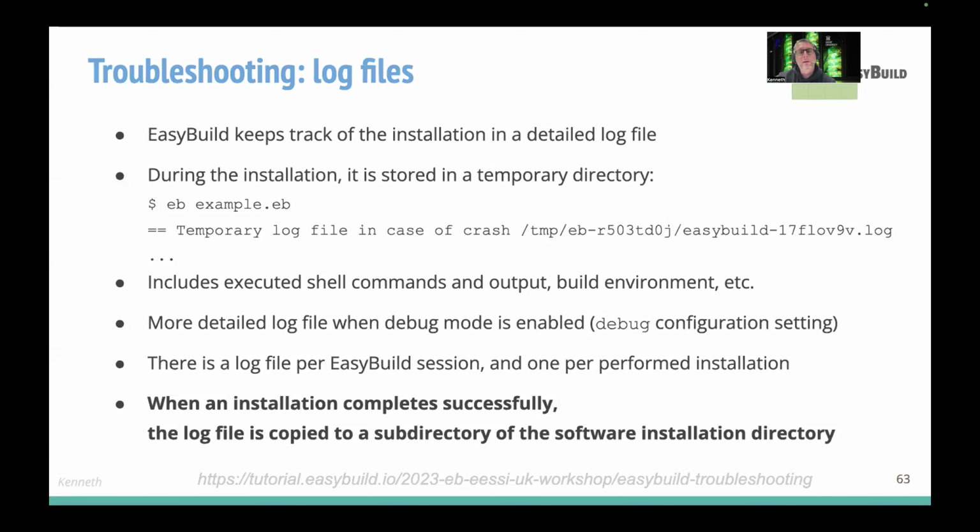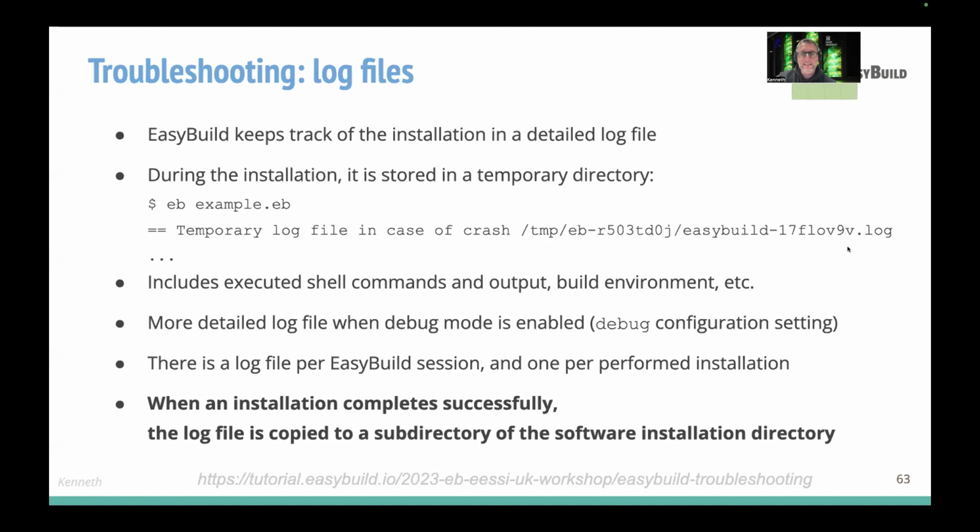So that will have often very detailed information about what was being done, in which location a particular command was run, with what the output was of that command. Very often what environment variables were defined specifically before that command was launched, and so on. So all the relevant information should be available in the log file.